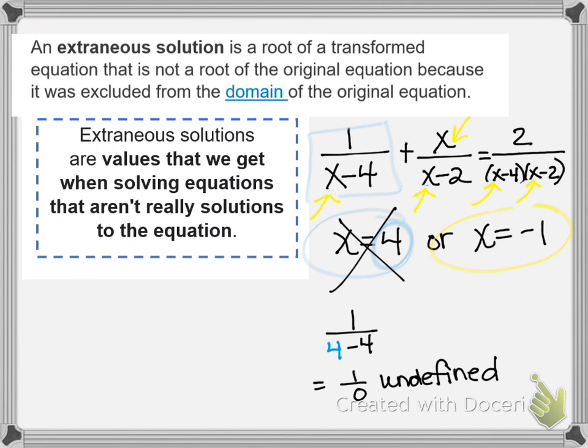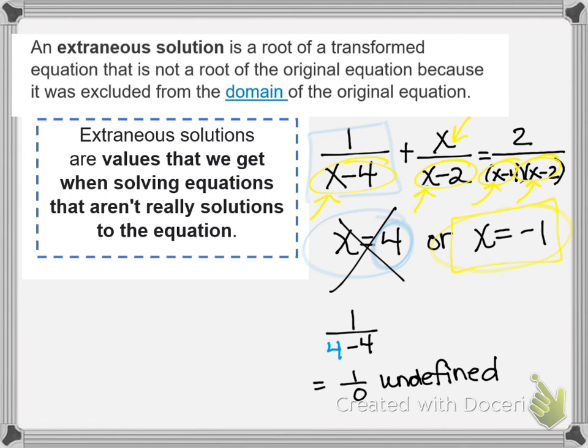But now I'm checking to see if any of those denominators turn into 0. Well, if I put negative 1 minus 4, that gives me a denominator of negative 5. That's okay. Negative 1 minus 2, that's a denominator of negative 3. That's okay. And these pieces of the LCD are just repeats. So none of my denominators will become 0 if I substitute in the value x equals negative 1.